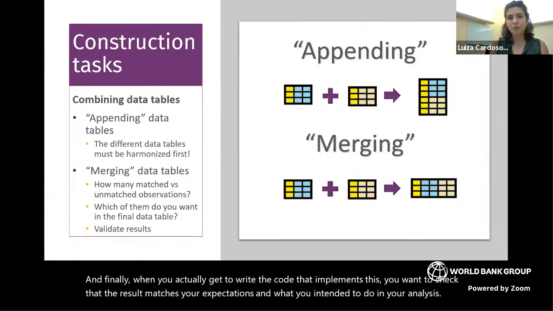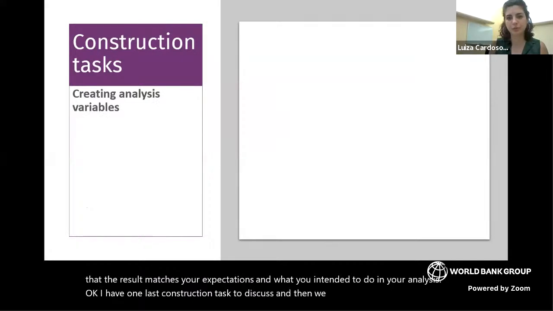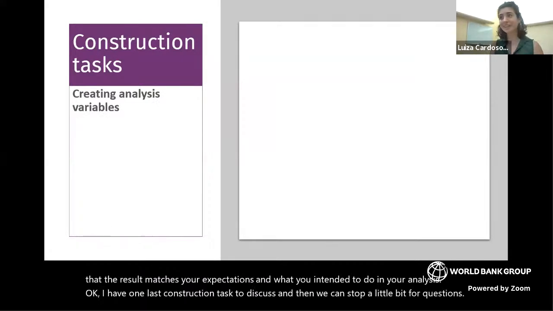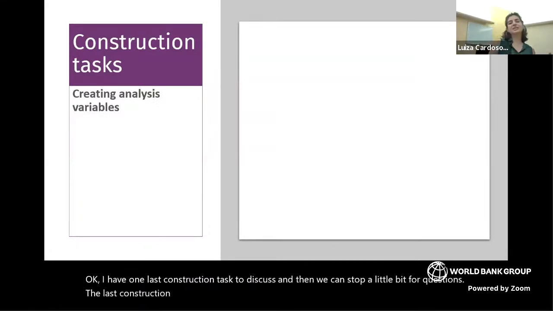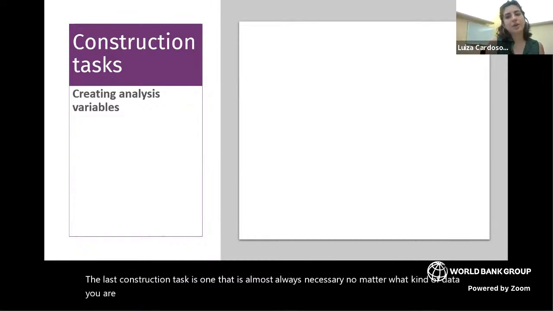Okay, I have one last construction task to discuss, and then we can stop a little bit for questions. The last construction task is one that is almost always necessary, no matter what kind of data you are receiving. And it's called creating analysis variables, or constructing analysis variables.